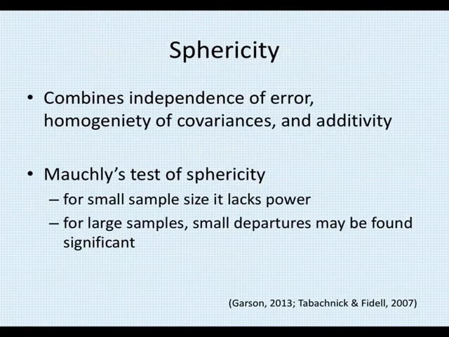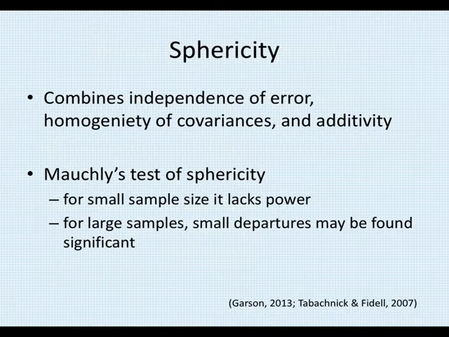Sphericity is an assumption that combines independence of error, homogeneity of covariance, and additivity. So it's pretty sophisticated, and to be honest, I don't know what they all actually entail, so don't worry about it. What we will be doing is we will look at Mauchly's test of sphericity. When we run SPSS, Mauchly's test of sphericity will come out.